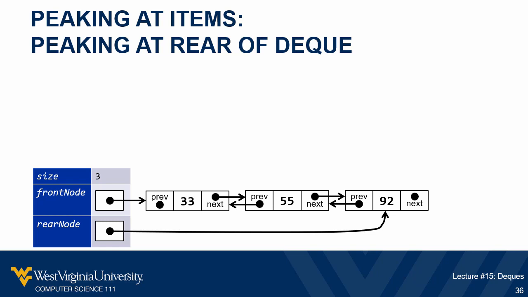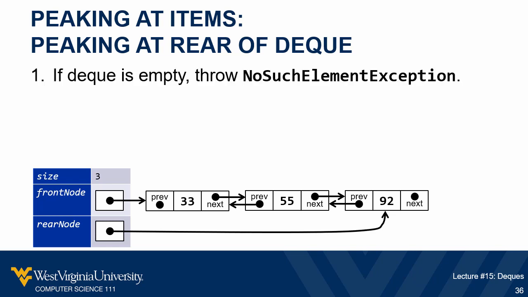Things are pretty much the same when we want to peek at what's in the rear of the deck. We'll, again, make sure that our deck has items in it, and if not, we'll throw a NoSuchElementException. Here, we'll return the value from the rear node, taking advantage of our rearNode field that allows us to go directly there.